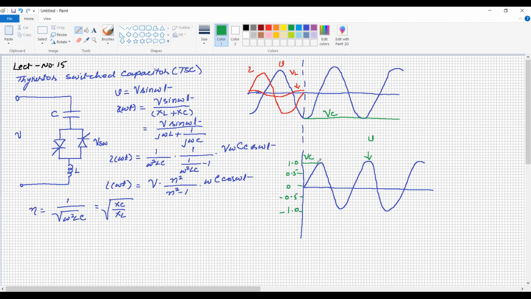Okay. Now, when the capacitor is fully charged, meaning it is not discharged, during that time the current in the capacitor is off. Here the capacitor is connected. Now it will give the current. The magnitude of the current depends upon the size of the capacitor.